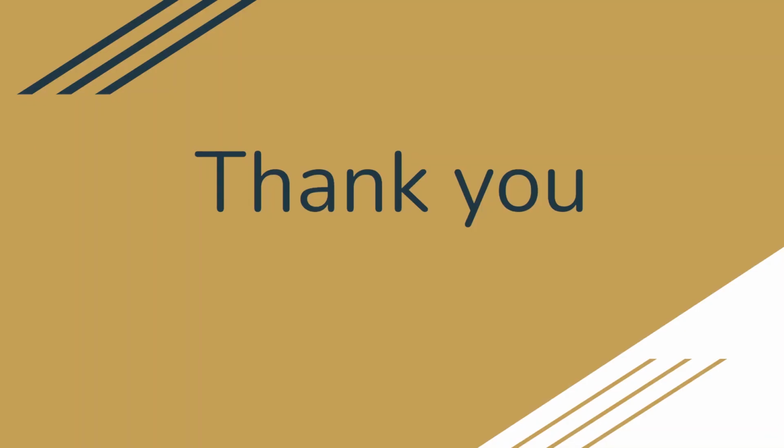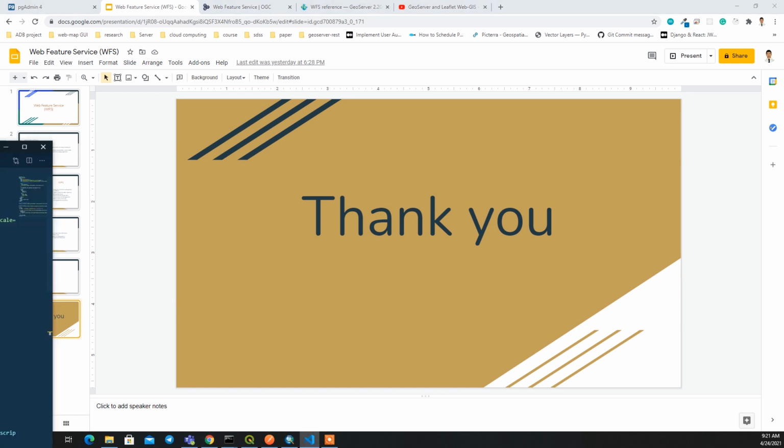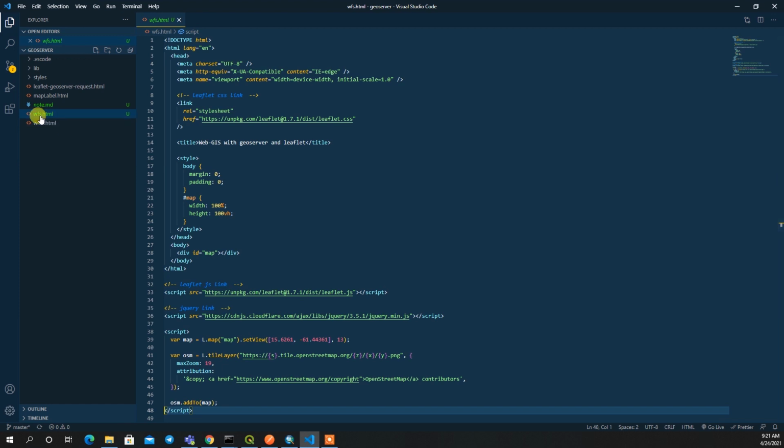Okay, let's go through it. We can connect this WFS with Leaflet, and let's figure out what's going on here. I have created the wfs.html file, and I'll provide this file in the description below. Here I wrote simple Leaflet code. I put a title, then the Leaflet CSS and Leaflet JS links.